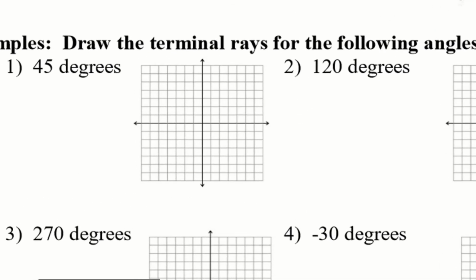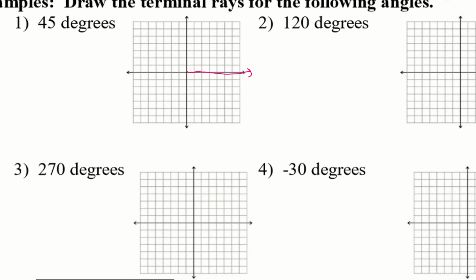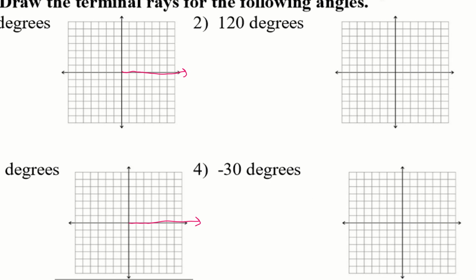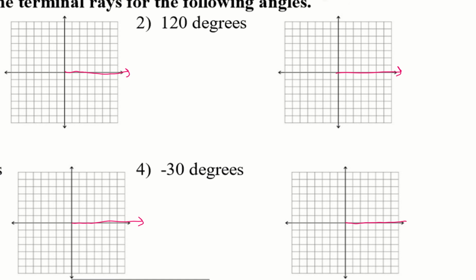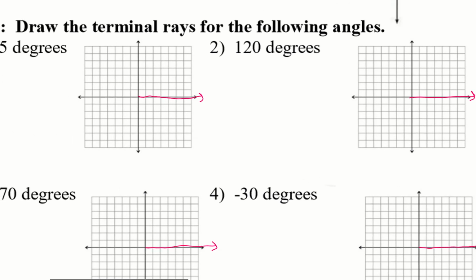So the first one is always going to be on the x-axis going right. So for all of these, they will always be like that. Okay, let's go ahead and talk about the degrees.